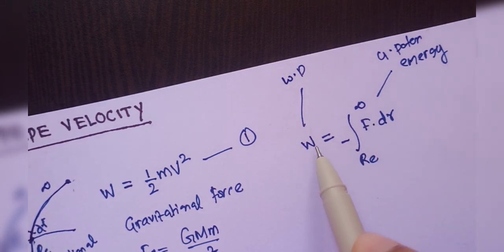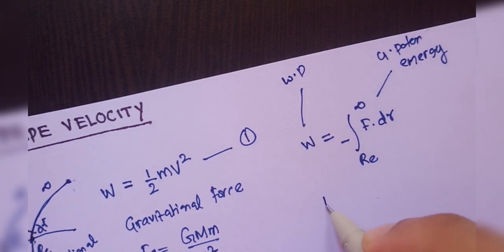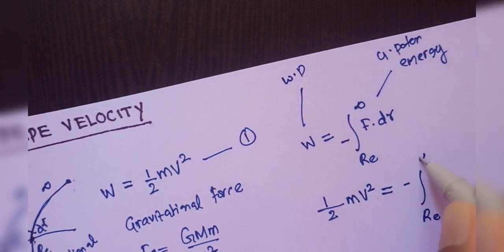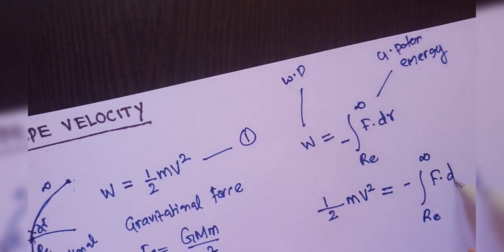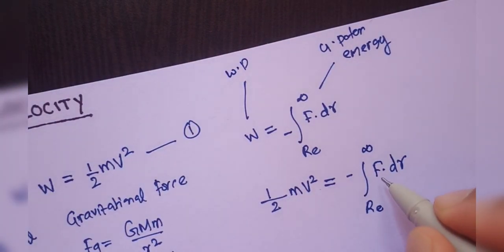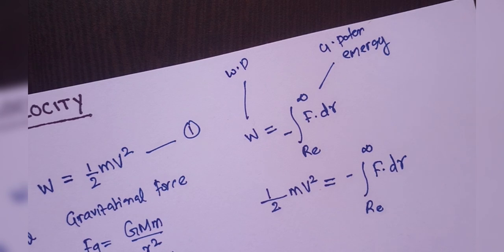Now we know that the work is the kinetic energy. So now let's write down the equation for kinetic energy, which is half mv square, equal to minus integral Re to infinity F dot dr. Now F is something like, we know the gravitational force, which is given by Newton's law of gravitation.